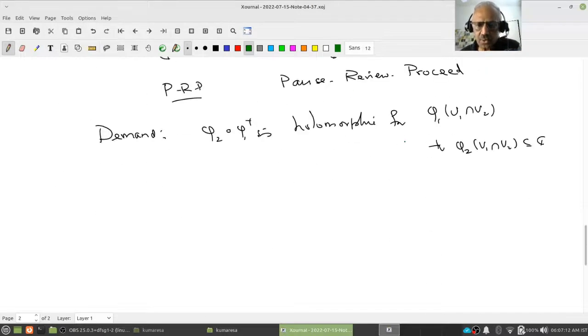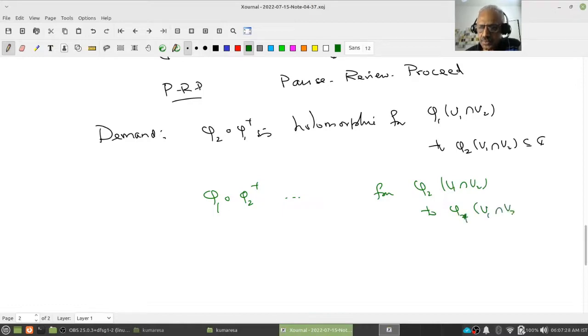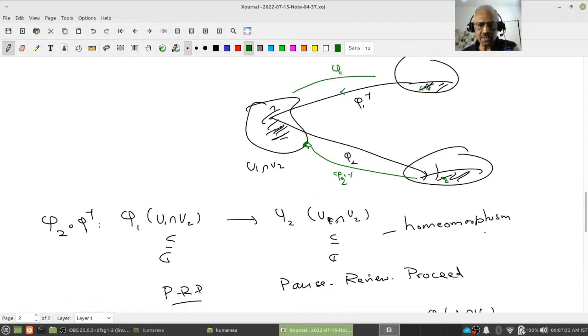Therefore I also have a map, because I can interchange 1 and 2. Similarly, phi 1 composite phi 2 inverse is holomorphic from phi 2 of u1 intersection u2 to phi 1 of u1 intersection u2. Keep the picture in mind so you will not get confused.